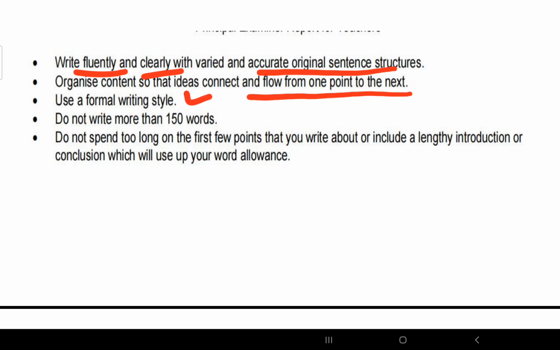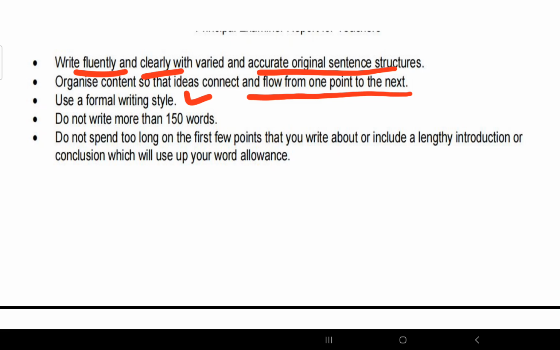Yes, this is also important: when you are writing a summary, do not use a register or words that show an informal tone or style. Go for a formal one. Like if you are using a phrase like on the flip side, or instead of that, we do not have this kind of transition words in this summary, but still I'm just giving you an example that you should go for formal register, formal words.